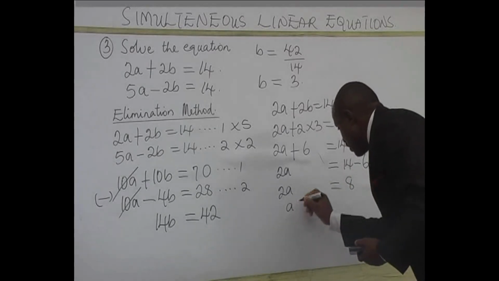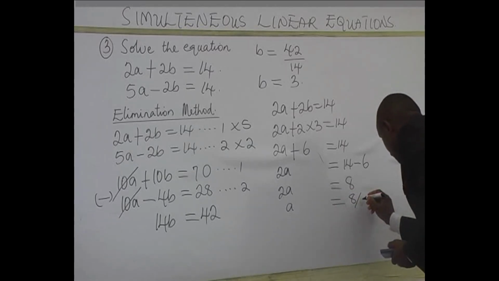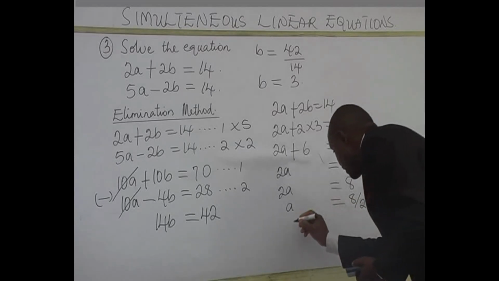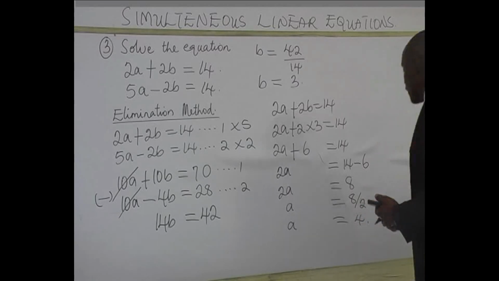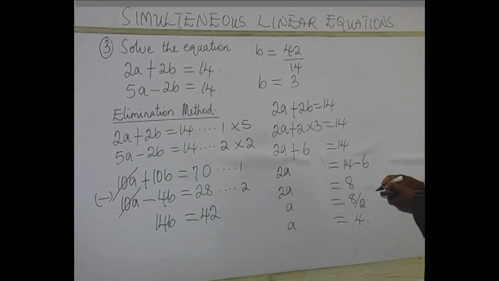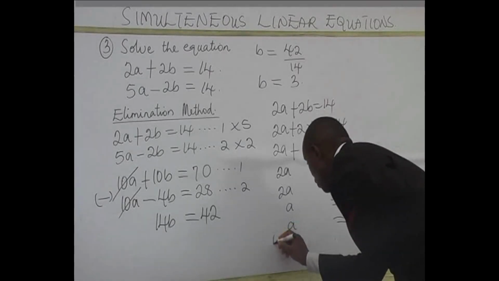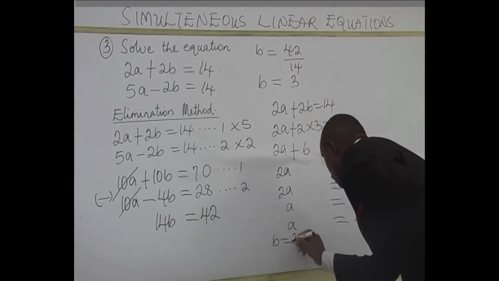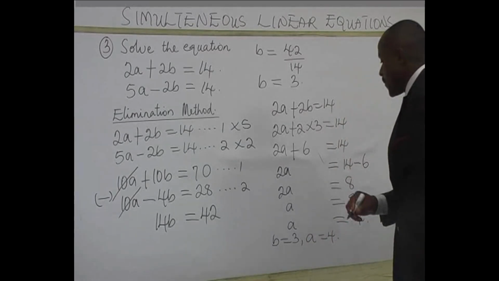If you do so, you have only a in the left hand side, and it is going to be equal to 8 divided by 2. And 8 divided by 2 is 4. That means in the equation b is equal to 3 while a is equal to 4.